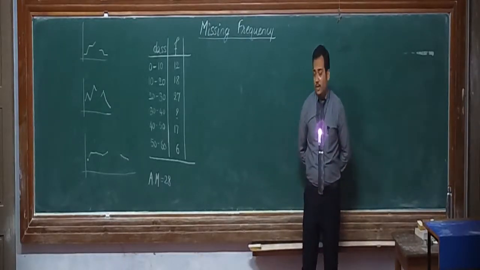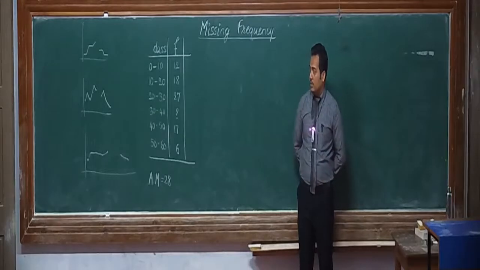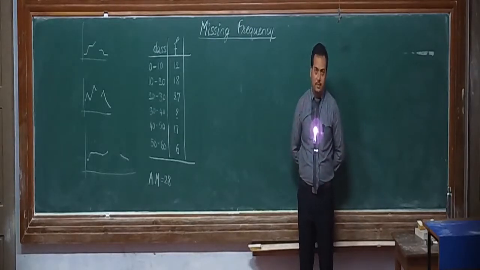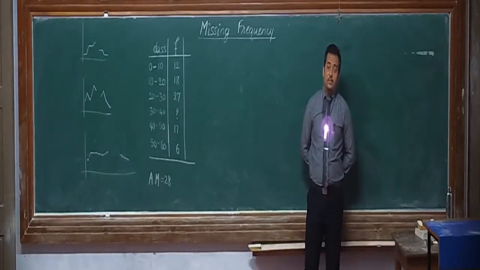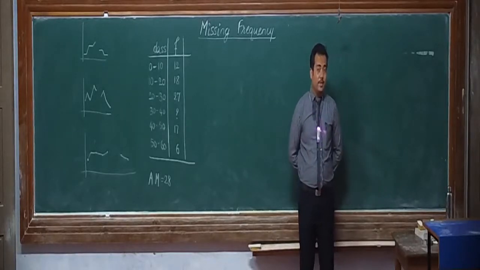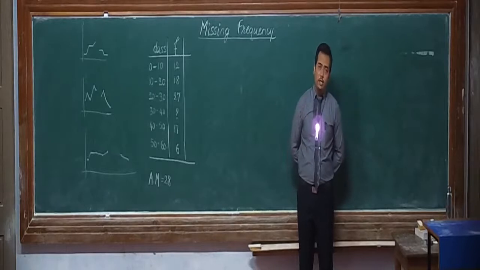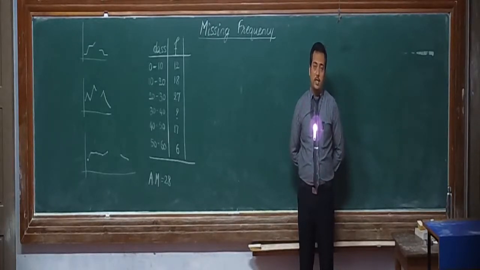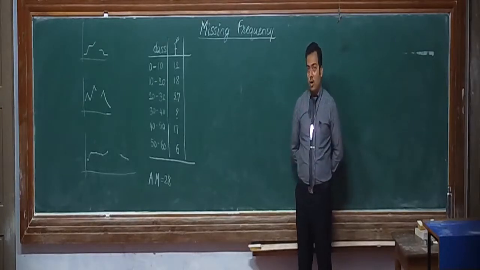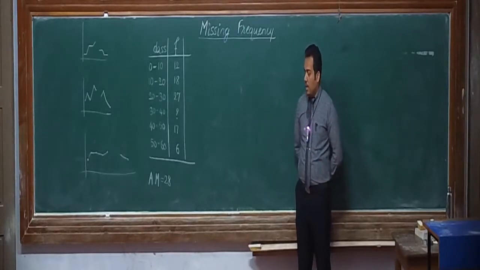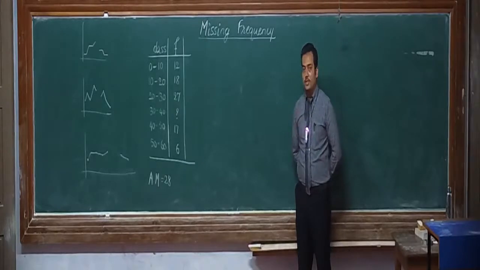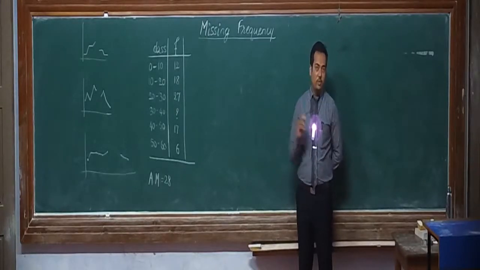we have already studied how you observe the frequency pattern. By observing the frequency pattern, we could also predict where the value of the arithmetic mean could be, in which class, near to which point, or inclined towards right or towards left. So that is all we have studied about observing the frequency pattern.